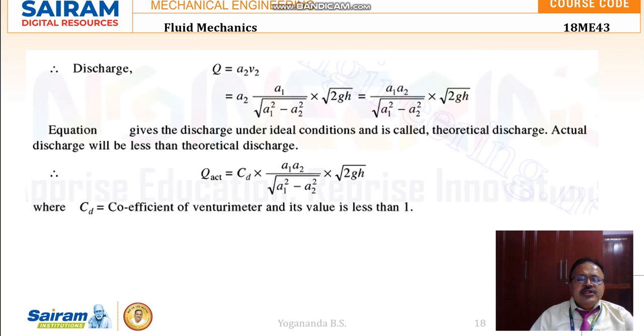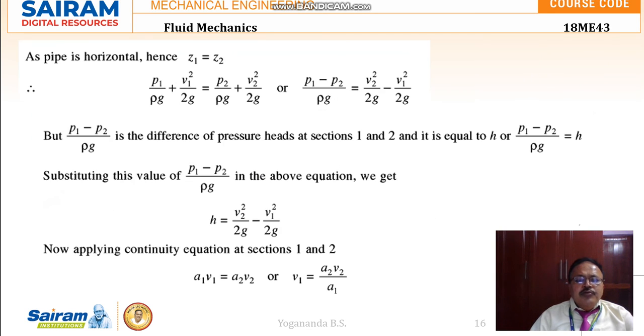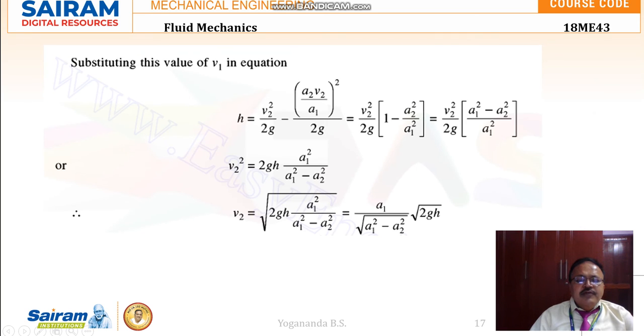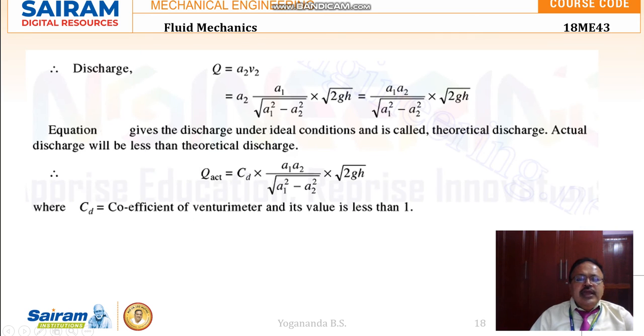Now we know that discharge Q can be written either as A1 V1 or A2 V2. Now we have the equation for V2, so we are taking A2 V2.